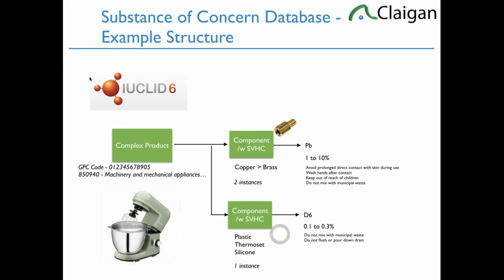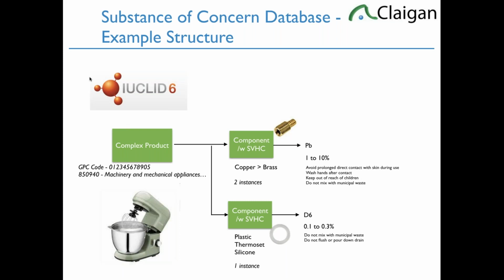So we have to create a listing for the product and a listing for each one of the components. The leaded brass, 1 to 10%: that is safe use instructions for physical contact with brass. You have to say what material it's in, which is copper brass. It's in there twice, so you have to say how many instances are in there. However, if it could vary from unit to unit because you don't necessarily control it that way, we normally recommend putting a passage in there saying this declaration is for a represented product.